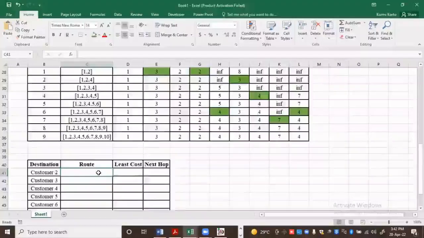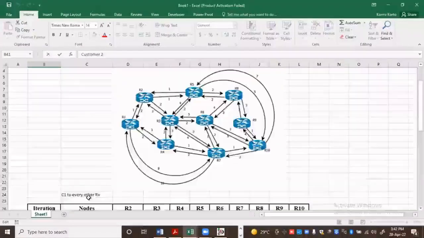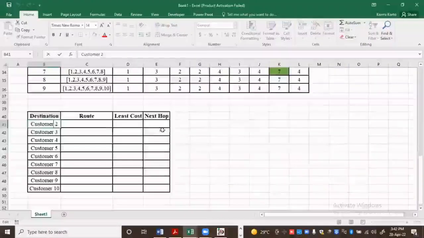So I'm using customers over here to illustrate a user. A user is connected to a subscriber. It's connected to router 2. Maybe to simplify, let me use the R instead, so we can actually get the picture.